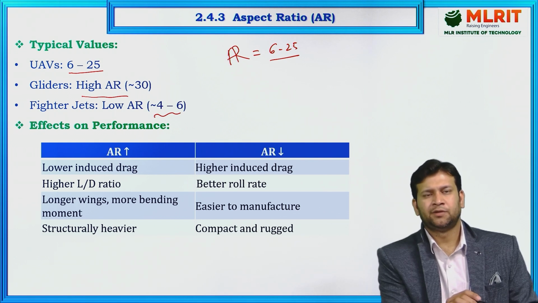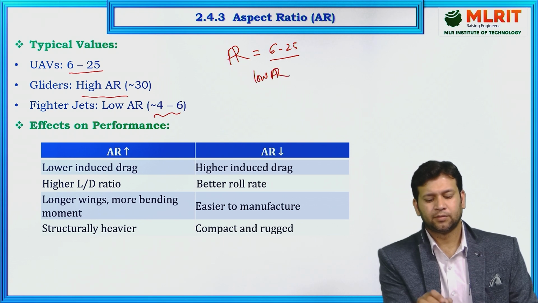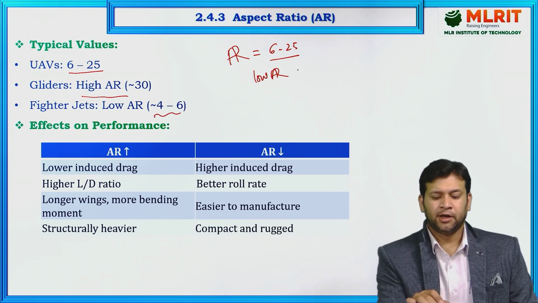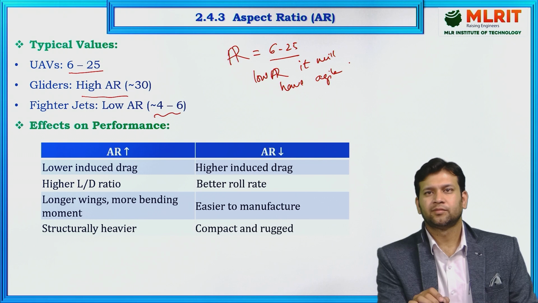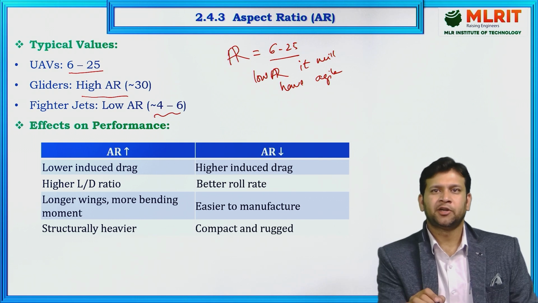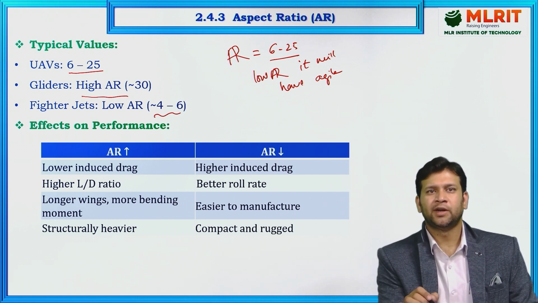If an aircraft has low aspect ratio, it will have an agile nature such that it can undergo various maneuvering randomly. If the aspect ratio is higher, it becomes quite tough for an aircraft to undergo maneuvers.